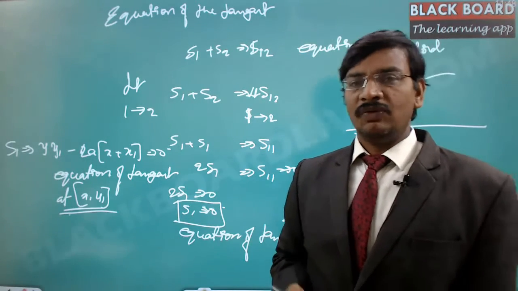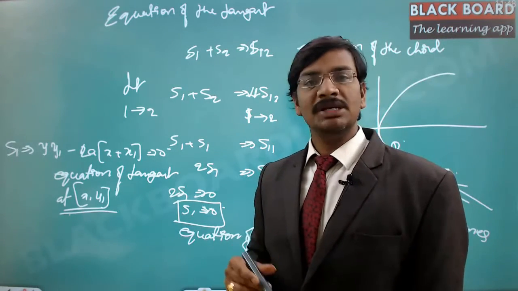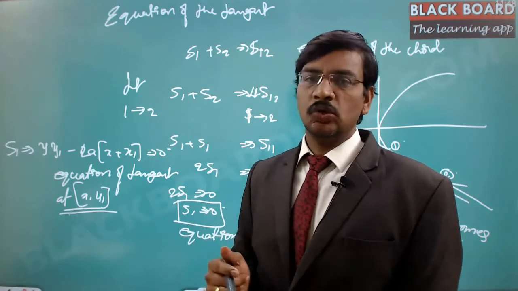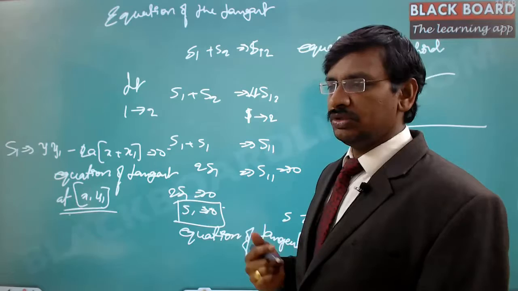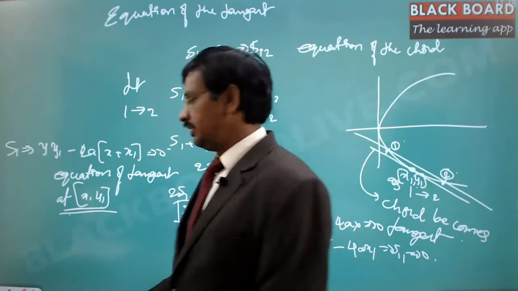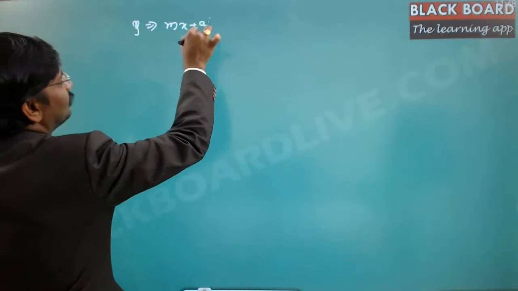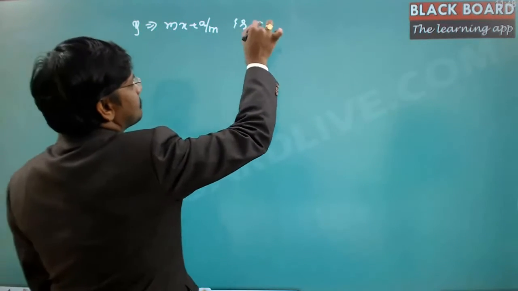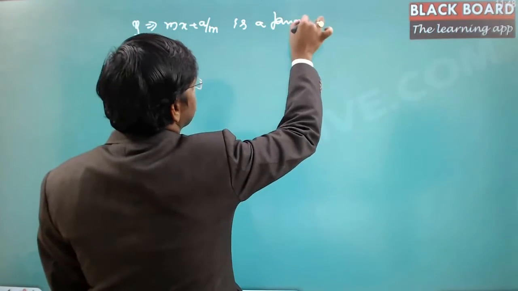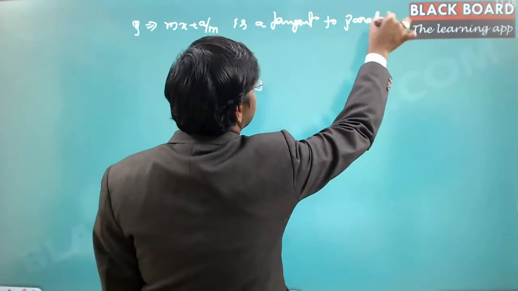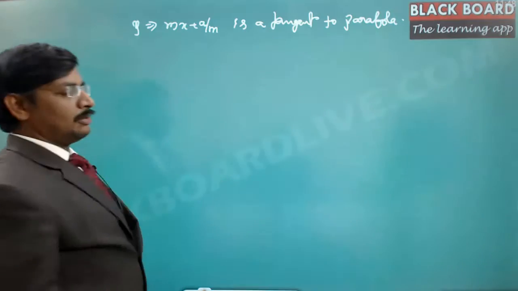One is y is equal to mx plus a by m, which is always a tangent to the parabola, if you are given the slope. The advantage of these two equations: the first is y is equal to mx plus a by m is a tangent to the parabola.